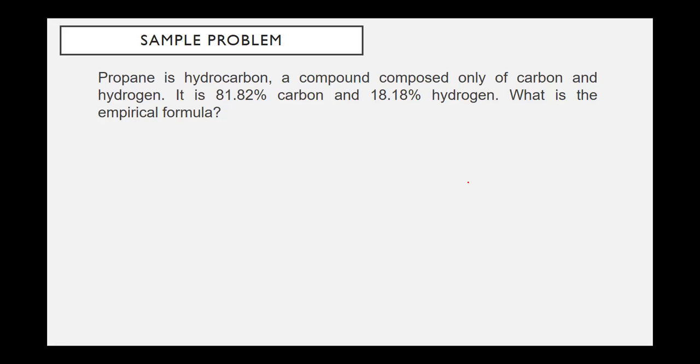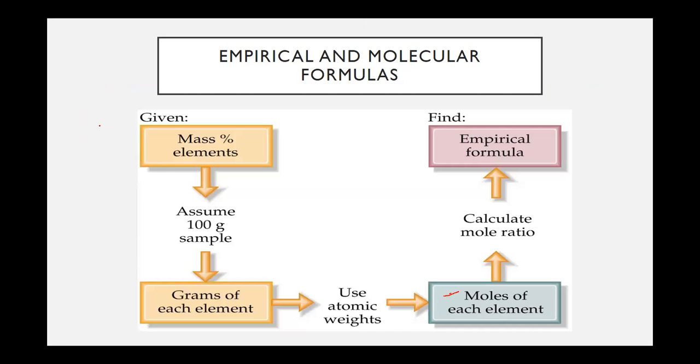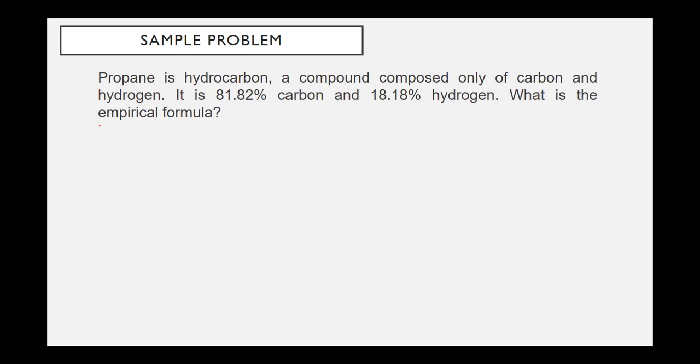So, like you see, there's a diagram kapag given daw tayo ng percent composition, ang mass percent composition, i-assume natin na may 100 grams tayo ng sample para makuha natin yung grams ng each element. So first, we'll have to compute for the grams of each element.